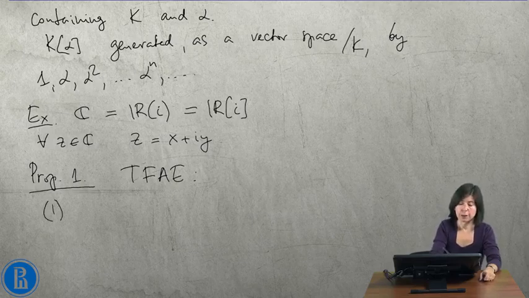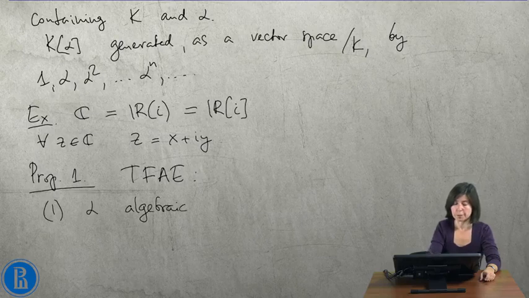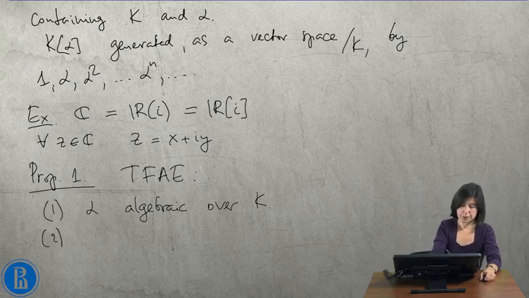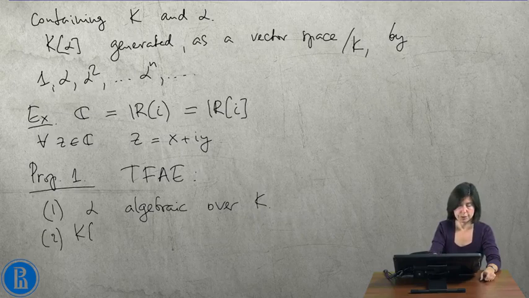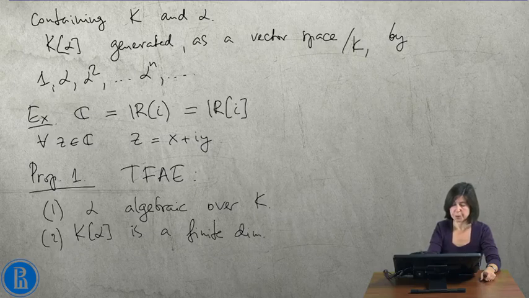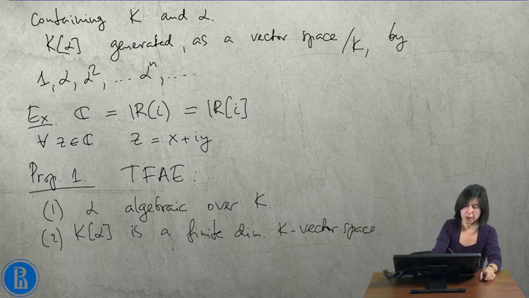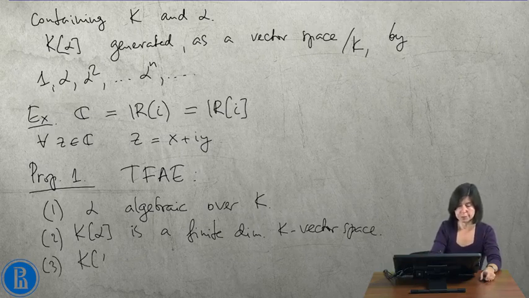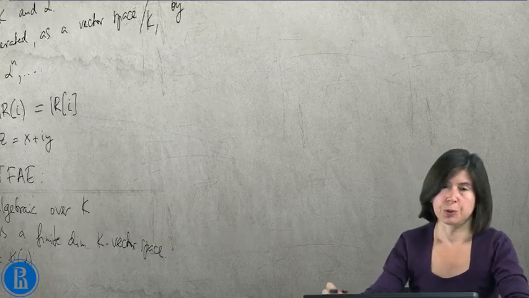First, alpha is algebraic over K. Second, K of alpha as a ring is a finite dimensional vector space over K. And third, K of alpha as a ring is equal to K of alpha, is a field. So let me prove this proposition for you.